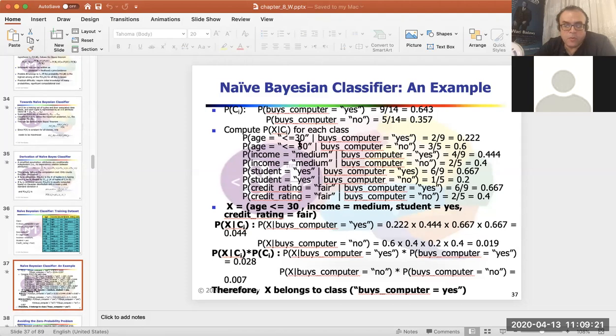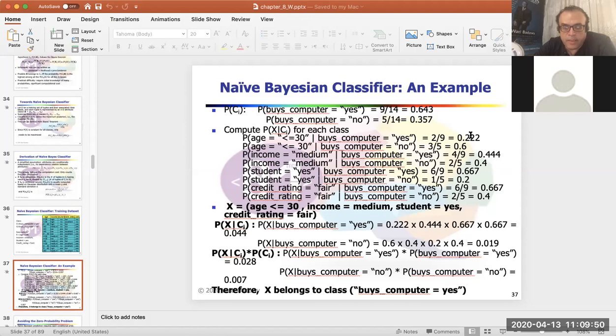I will compute the probability of X given Ci: basically for age, how many of them are less than 30 and buying a computer, how many less than 30 and not buying a computer, how many have medium income and buy a computer, how many medium income and do not buy, and then the probability of being a student and buying a computer, and being a student and not buying a computer.